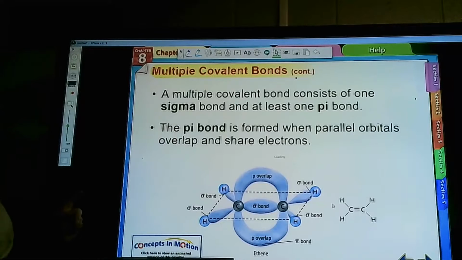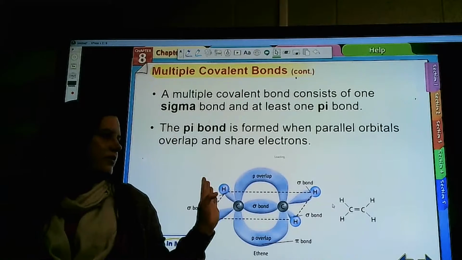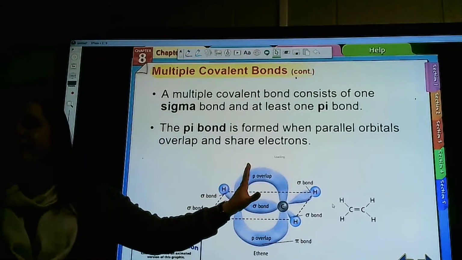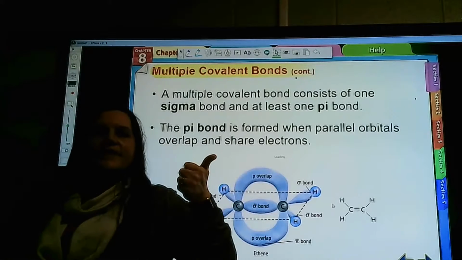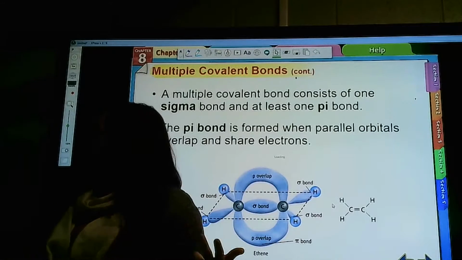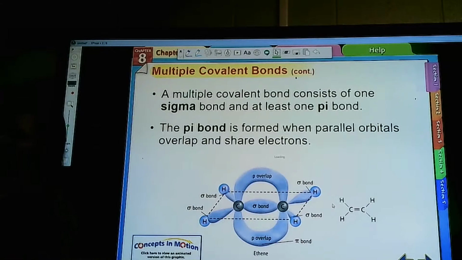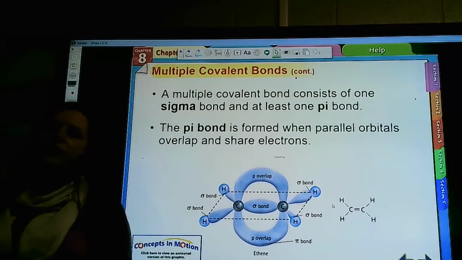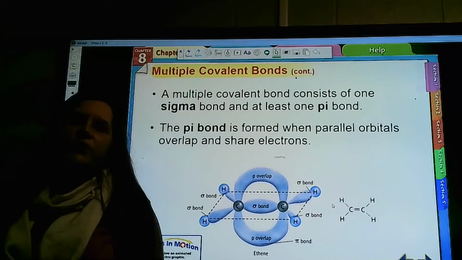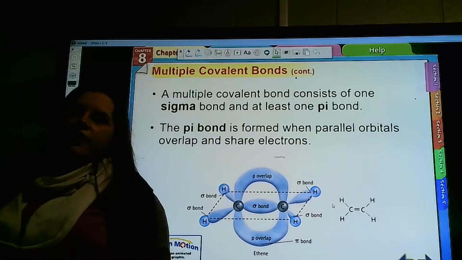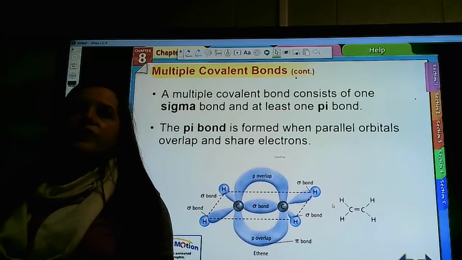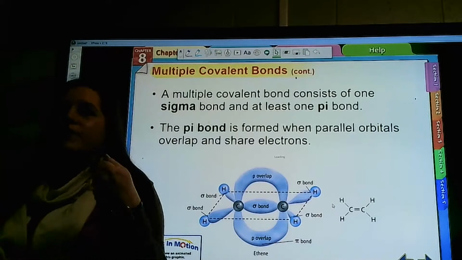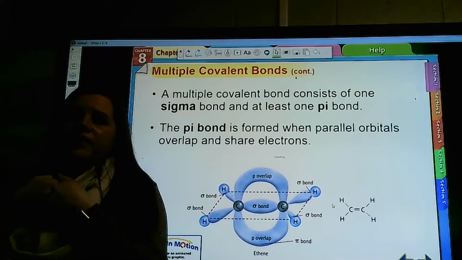Before I change the screen, I want you to think about this. If we have a single, a double, or a triple bond, and I've written them here for you, I want you to look at your neighbors and talk about 2 things. One, in which of these 3 are the atoms going to be closest together?